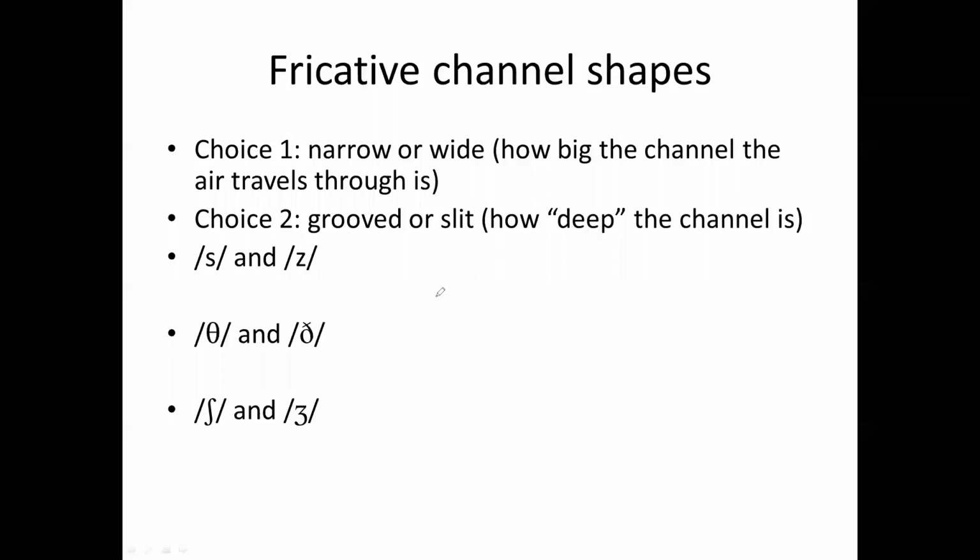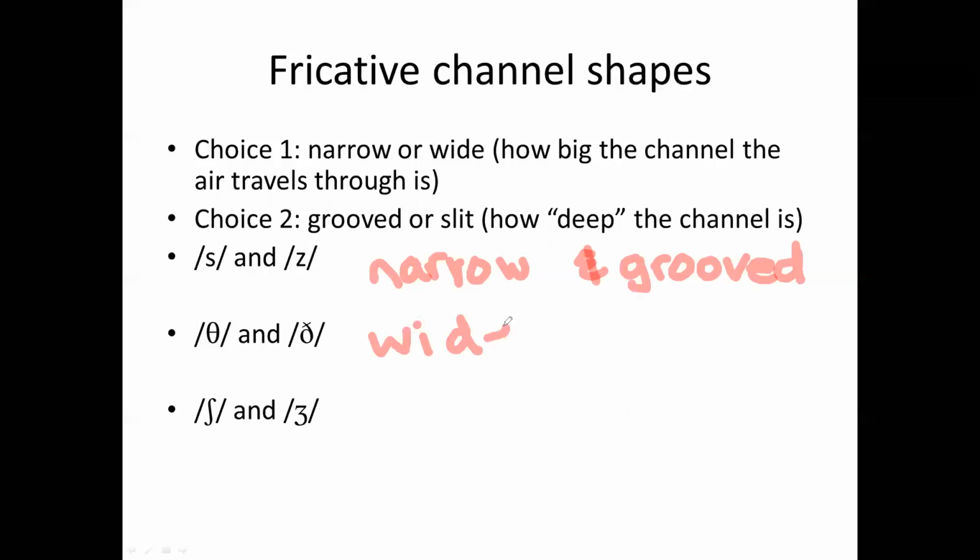All right, so I'm going to write down the descriptions for each of these. S and z are both narrow and grooved. Our th sounds happen to be both produced with a wide channel and a slit shape, so relatively shallow.